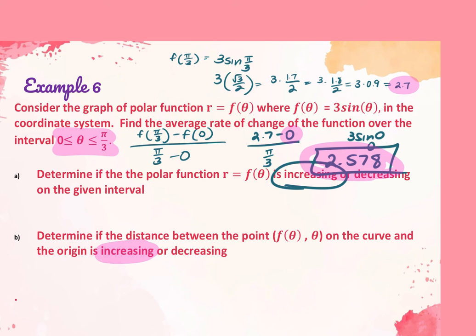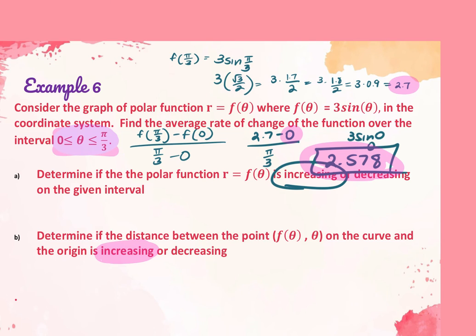But you could have gone back to your original, and the order is different when you do rate of change or if you do the increasing, decreasing. From 0 to 2.7, those values would be getting bigger. So because they are positive and also getting bigger, they are moving further away from your origin, which means the distance is increasing. Does that make sense?